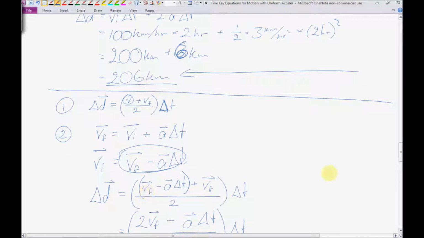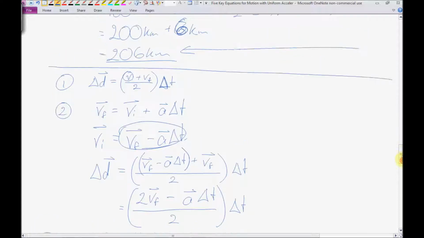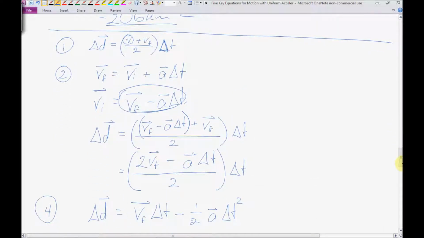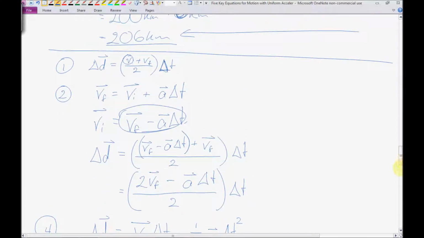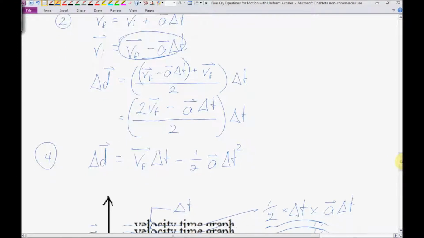Adding the VFs together, we get 2VF minus A delta T over 2 times delta T. The 2's cancel each other out, and the final form that we get is displacement equals final velocity times delta T minus half A T squared, or half A delta T squared. So there's our equation 4.